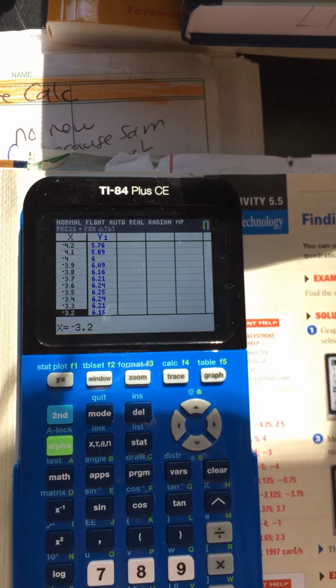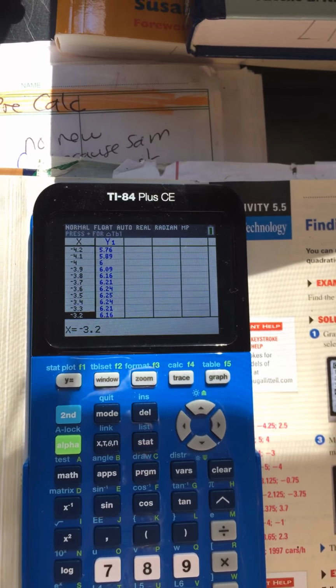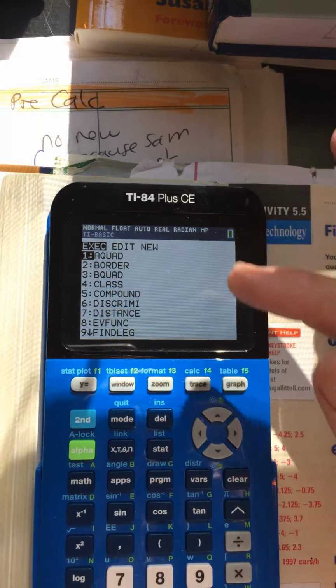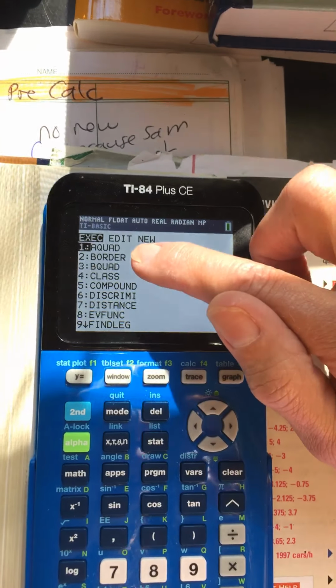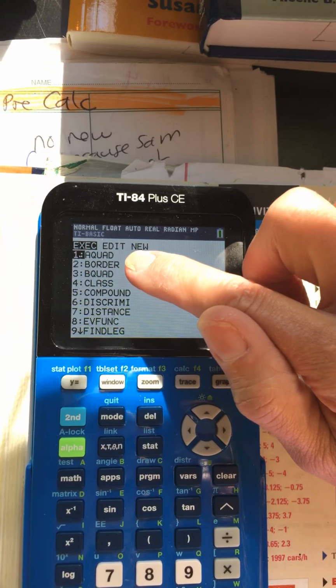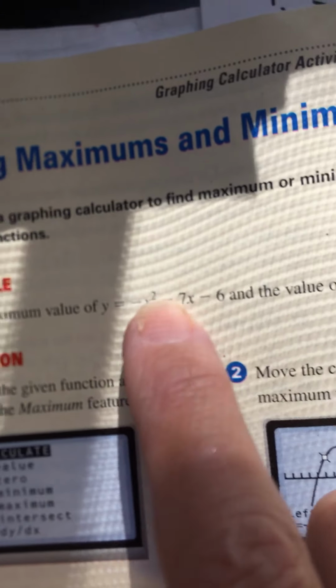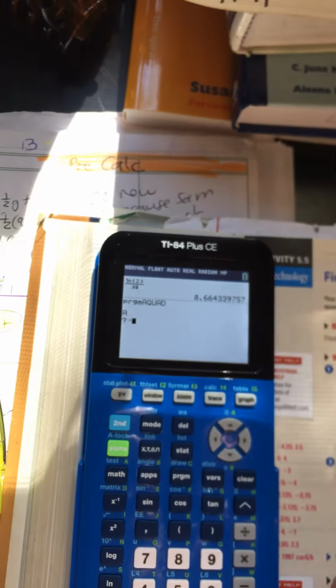I'm going to show you another way to do it, and it's with some of your programs. I have some programs that will tell you the minimum and maximum. So I hit program, and under my program I have, it looks like AquaD, but it's a quadratic equation program. And it asks me what the A term is. The A term is what goes with the x squared, and it's negative 1.